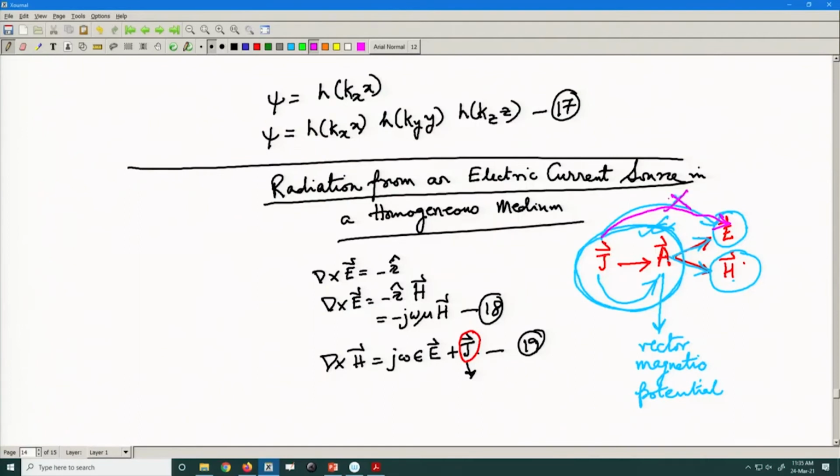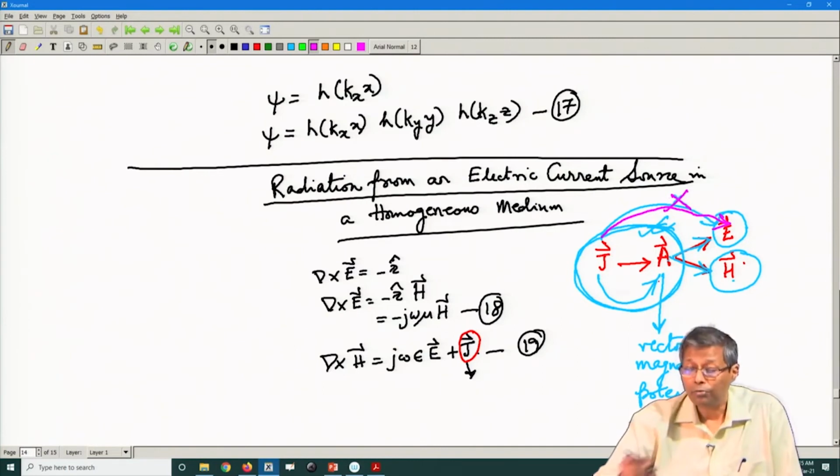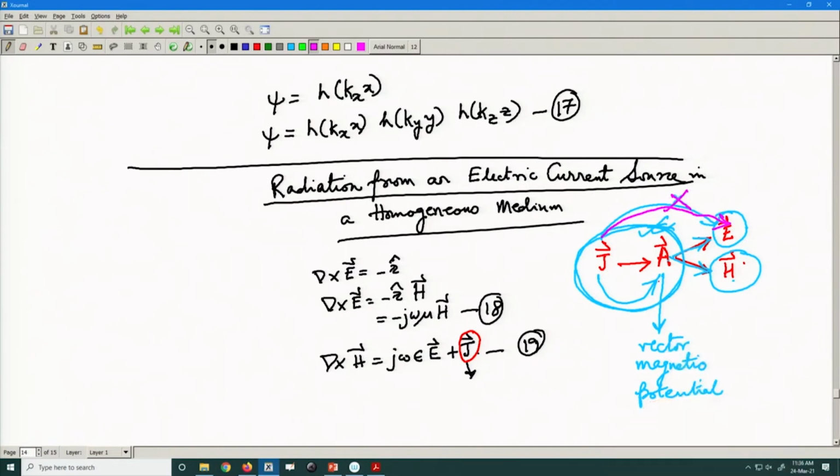We always have to walk through the intermediary of the vector potential. In fact, if we have an electric current source, we find out A, and from which we are finding out E and H as we detailed.